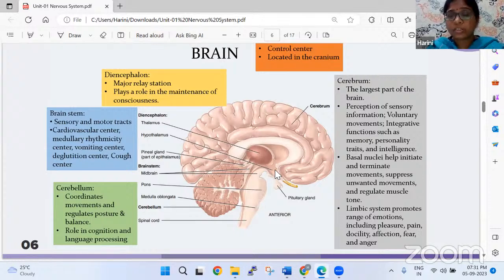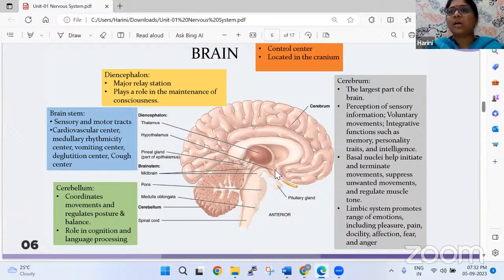The hypothalamus is very important. It helps in regulating homeostasis. What is homeostasis? Nothing but the balance of the body. So to maintain homeostasis, you need all the hormones, all of which are regulated by the hypothalamus. Nowadays you have observed thyroid disorders, right?